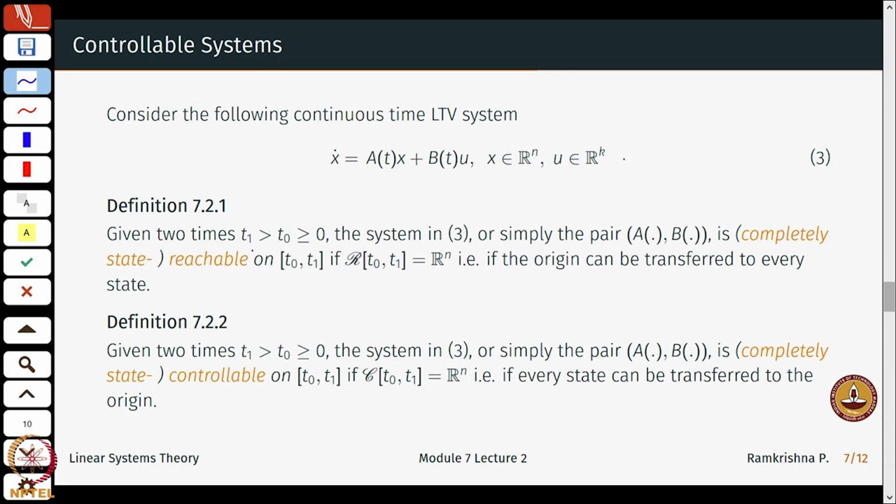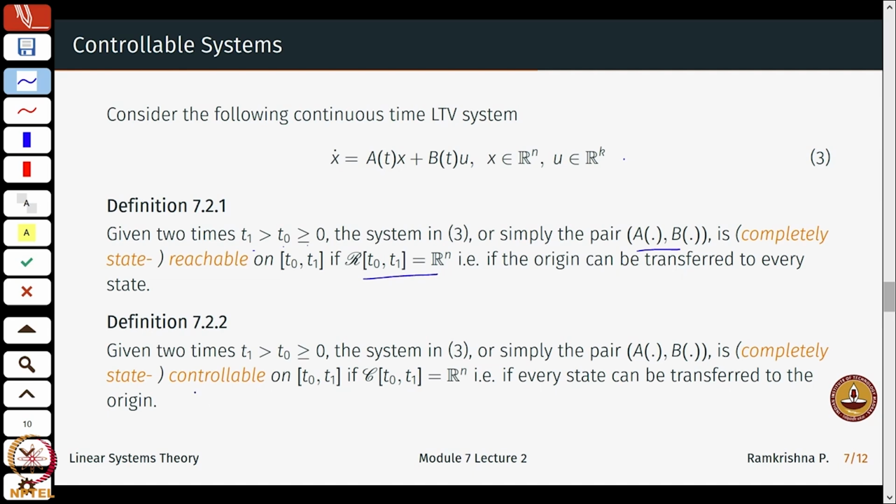So, given two times T1 greater than T0 greater than or equal to 0, we can say that the pair AB is completely state reachable if R(T0, T1) is Rn, or if the origin can be transferred to every state, that is, to any point in the state space.